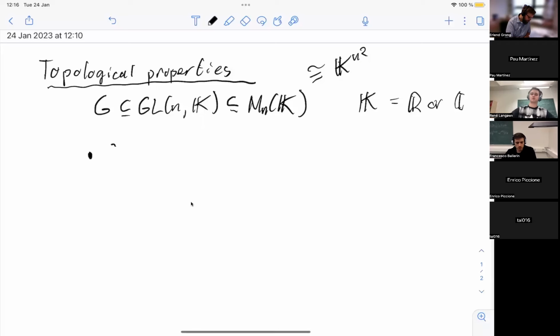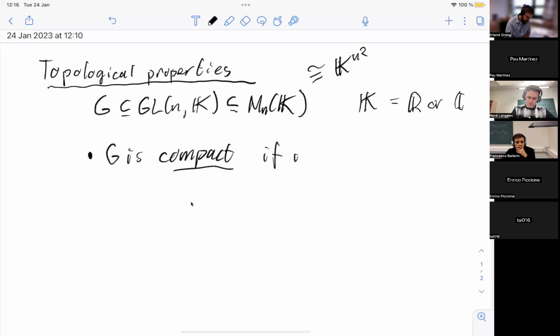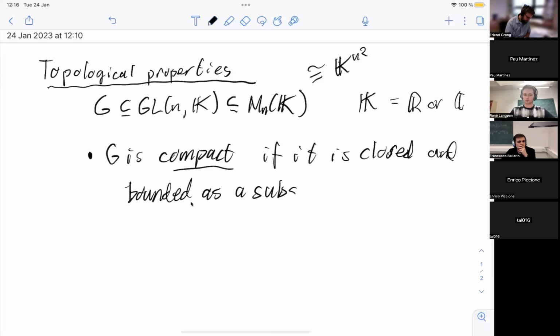So G is compact if it is closed and bounded as a subset of the matrices.